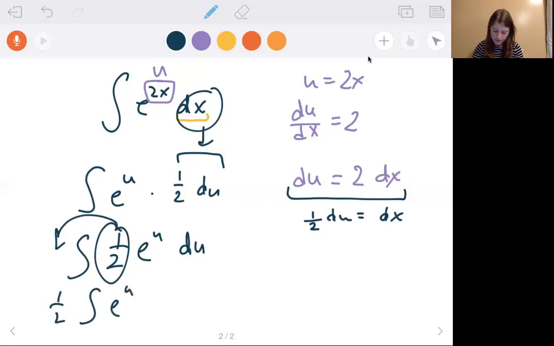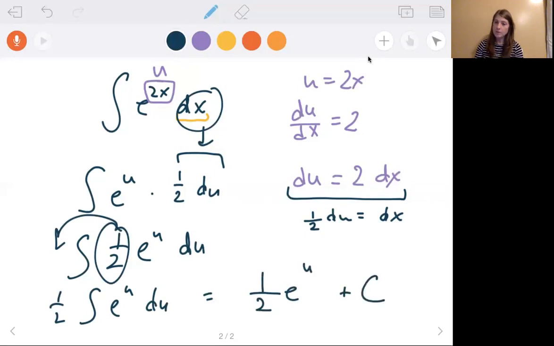So when we compare, we're not done with the problem because we haven't found the complete antiderivative yet. But we've made this problem look like the antiderivative of e to the x with respect to x by doing it as e to the u with respect to u. So if I think about u's, this is just 1/2 e to the u plus c.